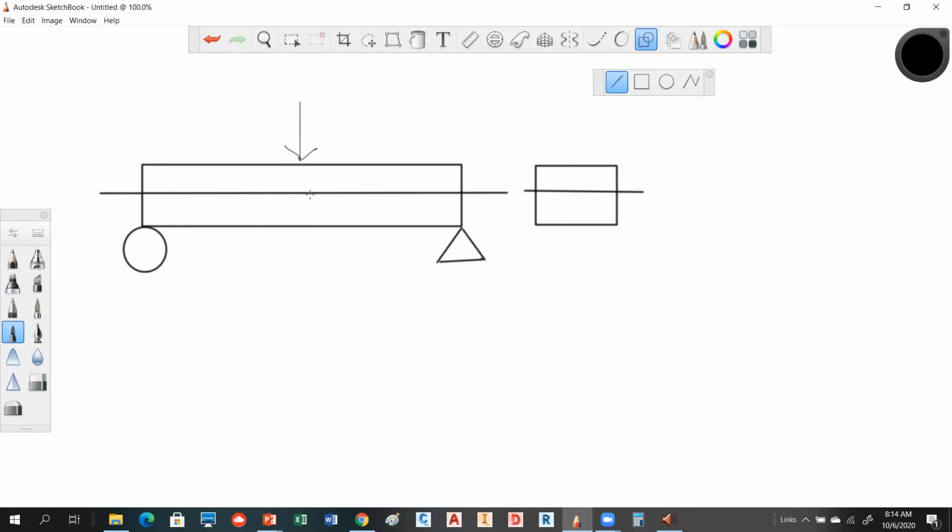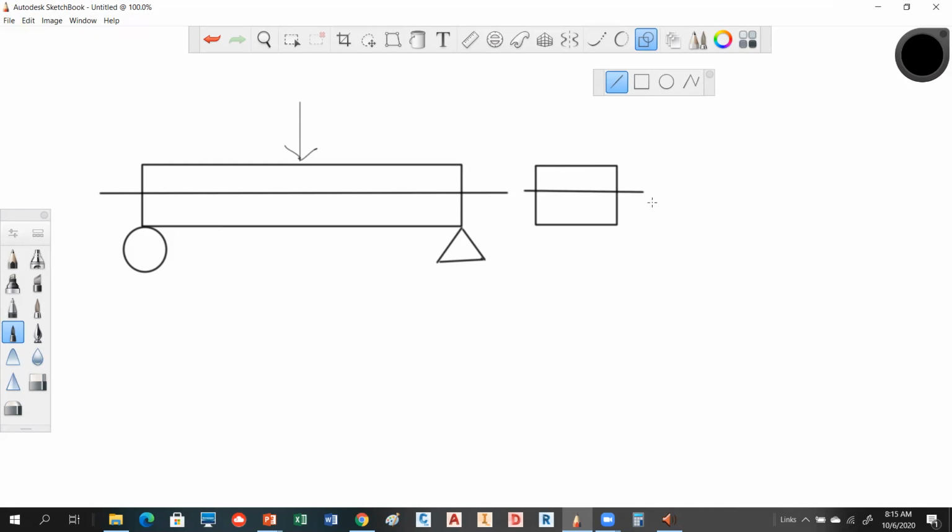What's happening when you push on this, in the top here you're under compression, and then the bottom here you're under tension, because the fibers want to push together here, and they want to pull apart here. What's happening about this line is typically nothing, neither compression or tension. So you may have compression at the top and tension at the bottom, but nothing right at this line. And this line is basically what we call the centroidal axis.